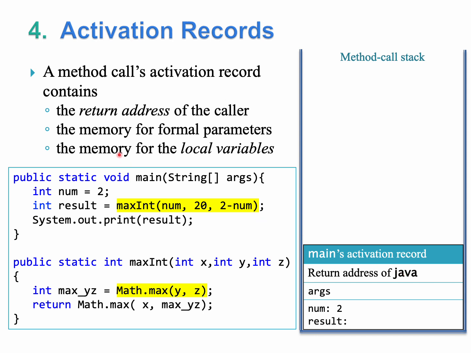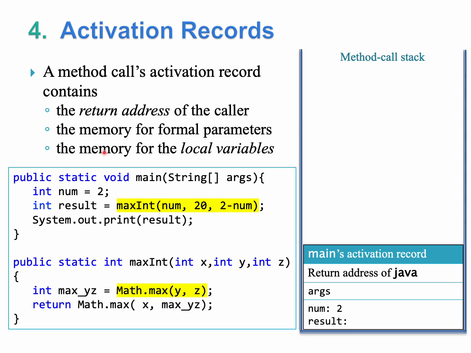The activation record of a method call contains three pieces of information about the call, including the return address of the caller, the memory space of the formal parameters of the method, and the memory space for the local variables of the method. The local variables are the variables declared inside the body of the method.